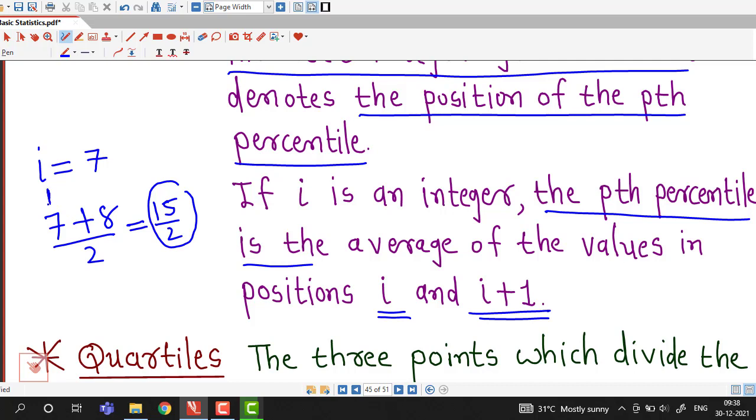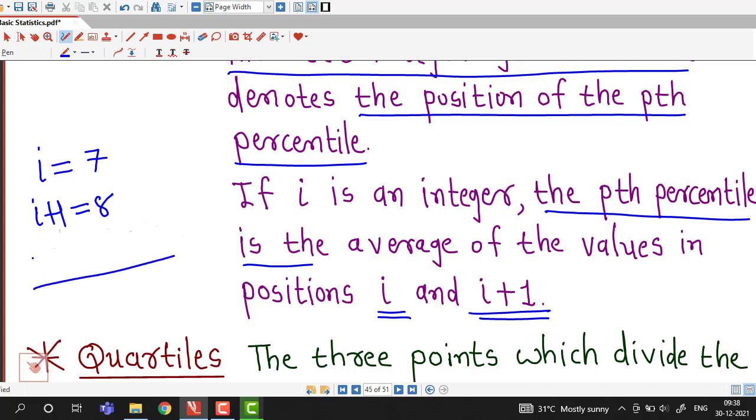Here, if I is an integer, say I equal to 7, then we find I plus 1, that is 8. So the pth percentile will be equal to the observation at the 7th position plus the observation at the 8th position, divided by 2.